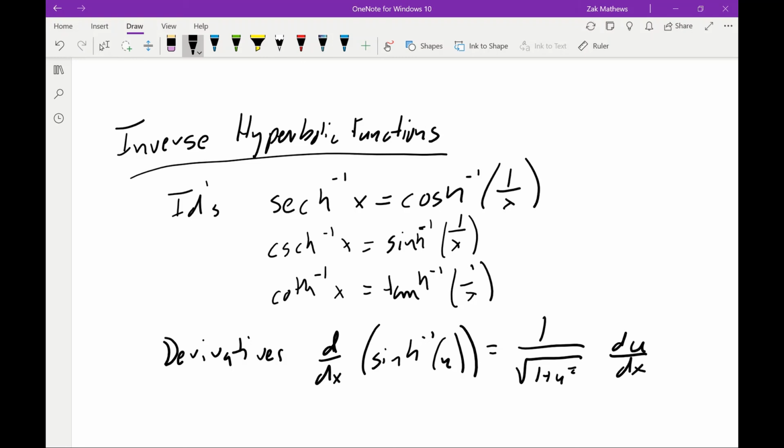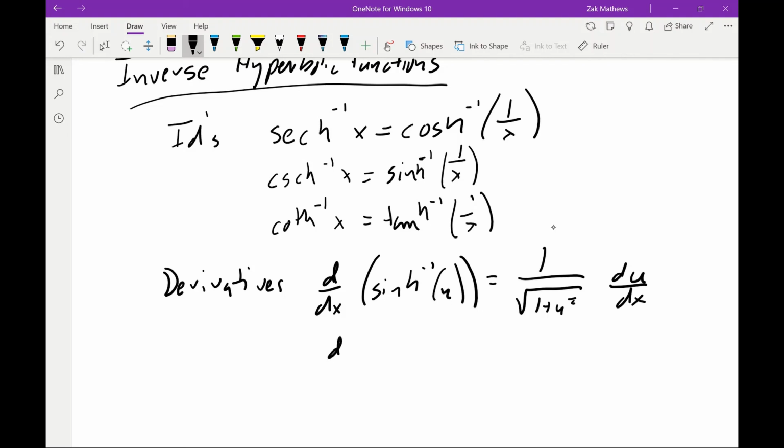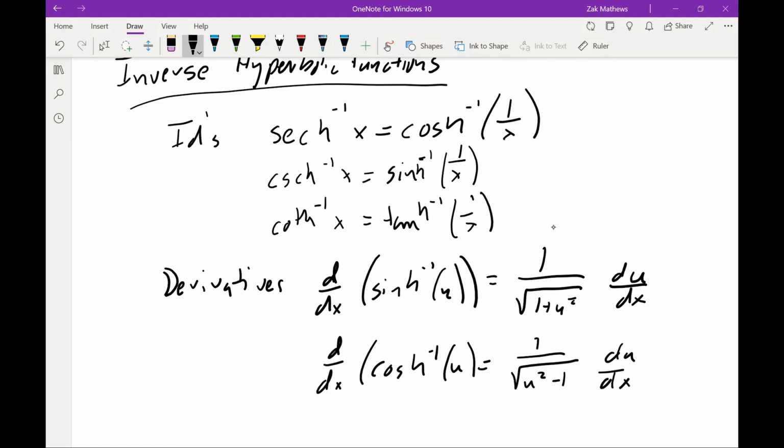It is the same as the derivative of the inverse sine. The derivative of the inverse cosh is equal to 1 over square root of u squared minus 1 du dx. Now there is a restriction on this one that u has to be greater than, excuse me, not 1 but 0. U has to be greater than 0, has to be positive.